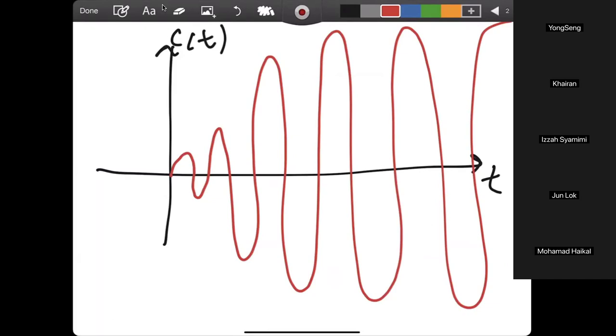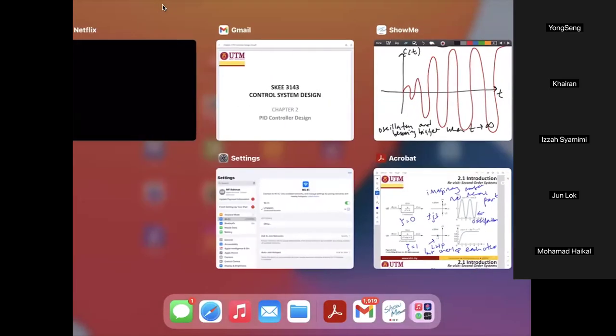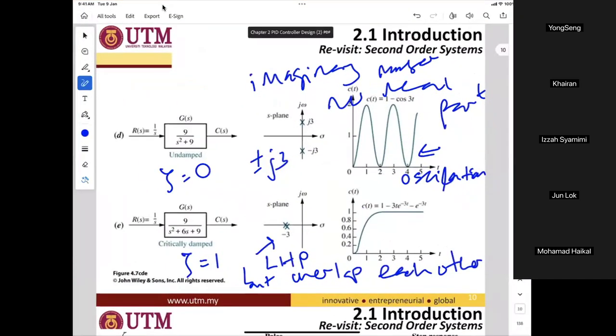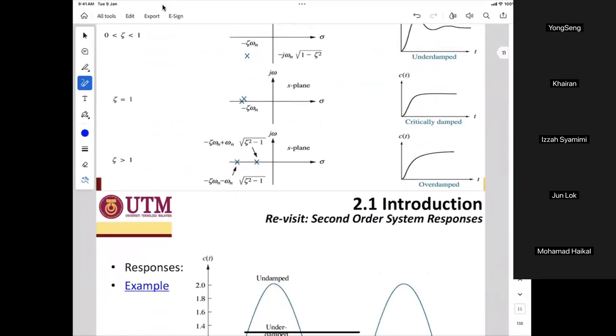It is oscillation and becoming bigger when t goes towards infinity. Like that. Not under the bed, not under the table, not under the chair. So add that. Negative damping, what is the range? Zeta, Hui? Range of zeta?